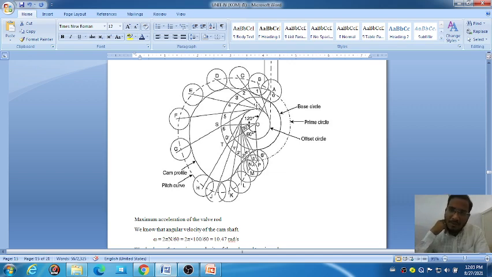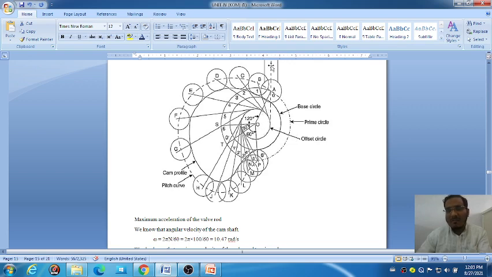Okay, here the prime circle is there. The prime circle is the circle outside, drawn with an equal distance. An offset circle will be there if the cam axis is not at the same point as the follower axis; the offset circle will be inside.